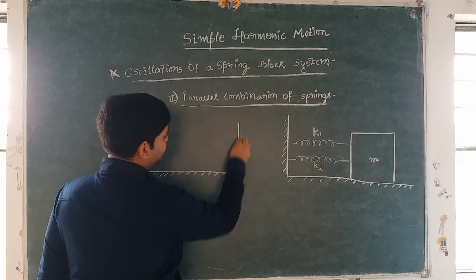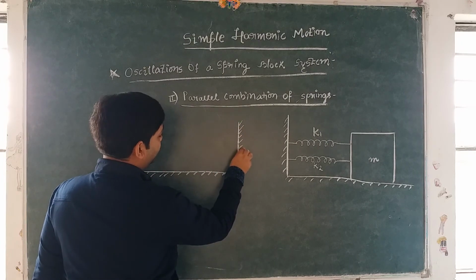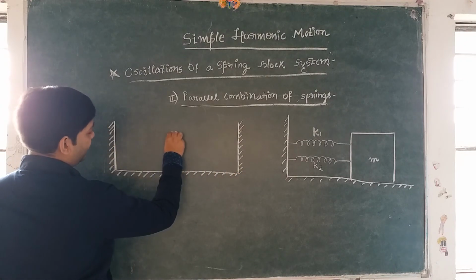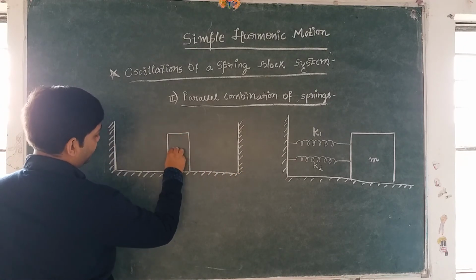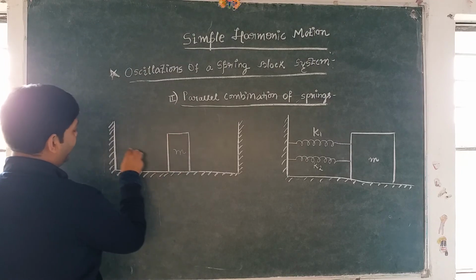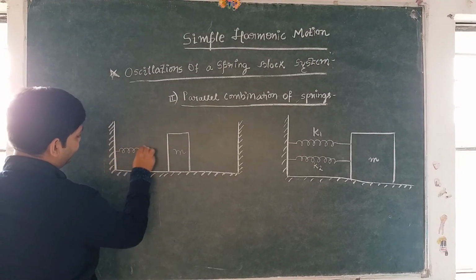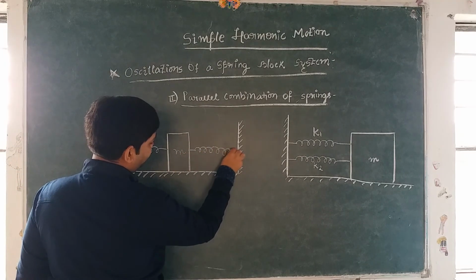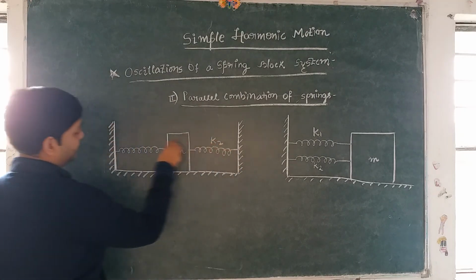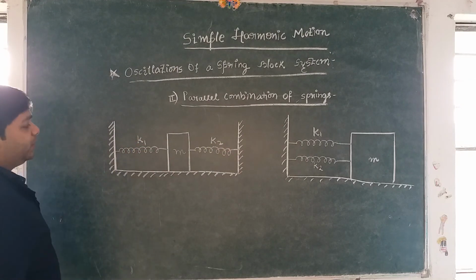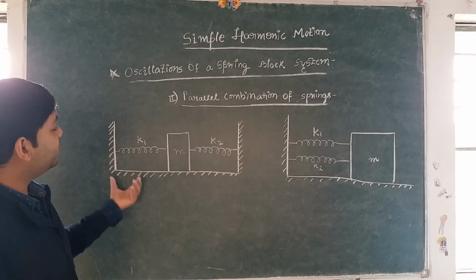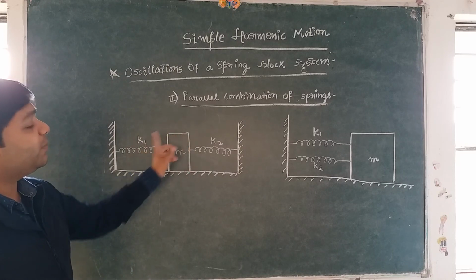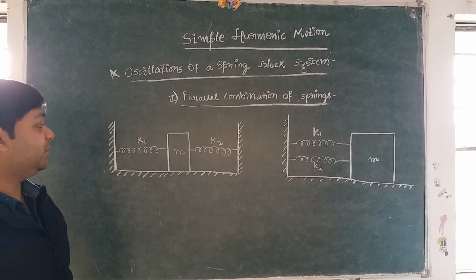So this is the rigid surface and the rigid walls, and there is a block of mass M placed like this, and one spring is connected like this, and one spring is connected like this. K2 and K1 are the spring constants. So this is also one manner in which the springs may be connected, and this combination of springs is the parallel combination of the springs.